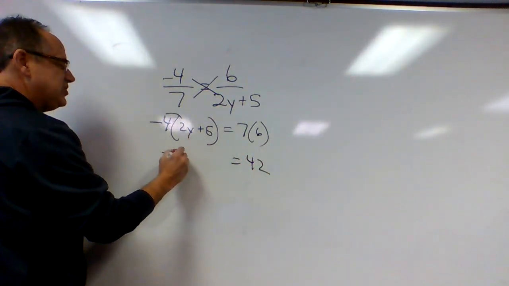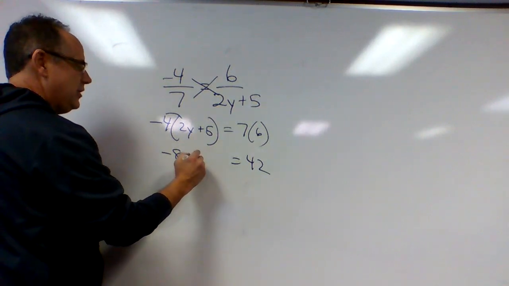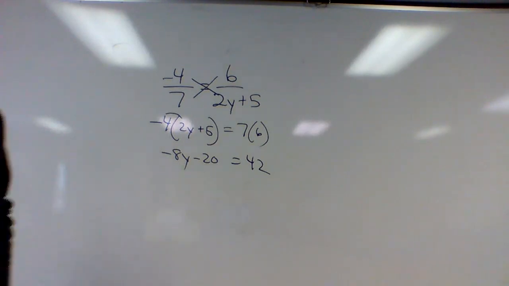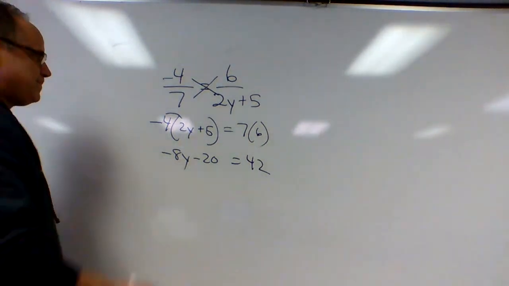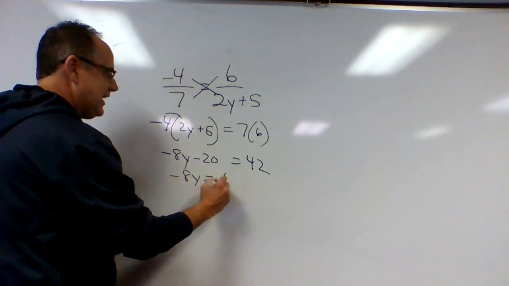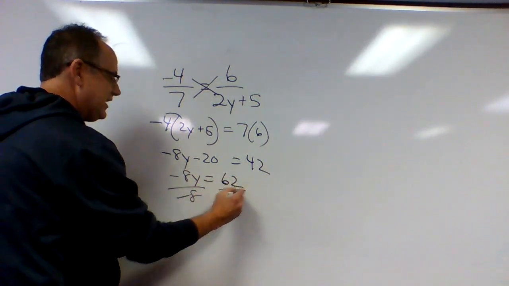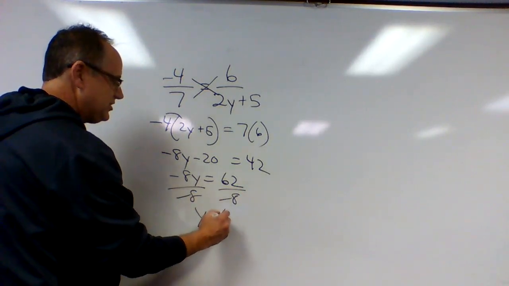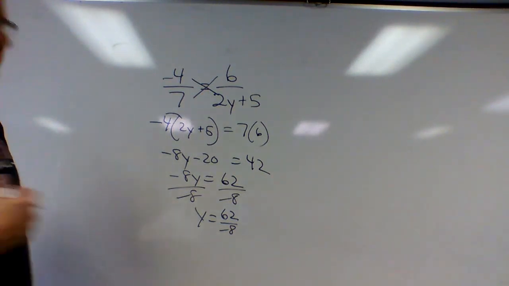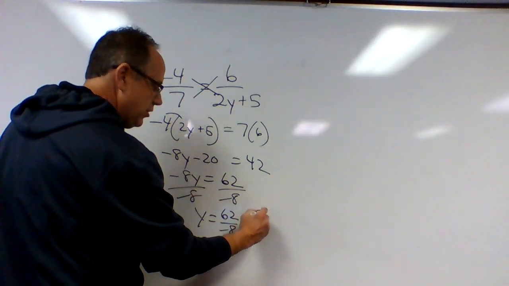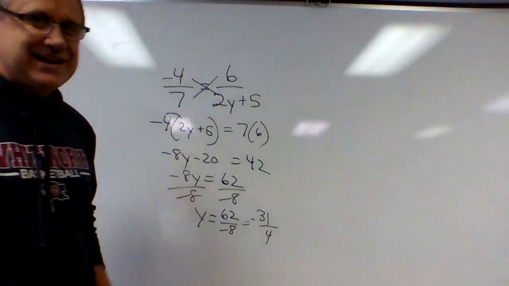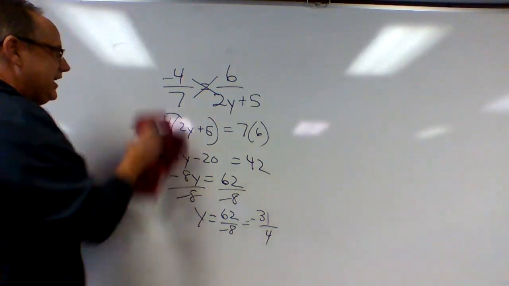Now we know we need to distribute the negative 4 to both terms. We add 20 to both sides, then divide by negative 8. Remember, 62 over negative 8, we always want to simplify it down. 2 goes into both, negative 31 over 4. If you want to put that in a decimal, that's fine as well.